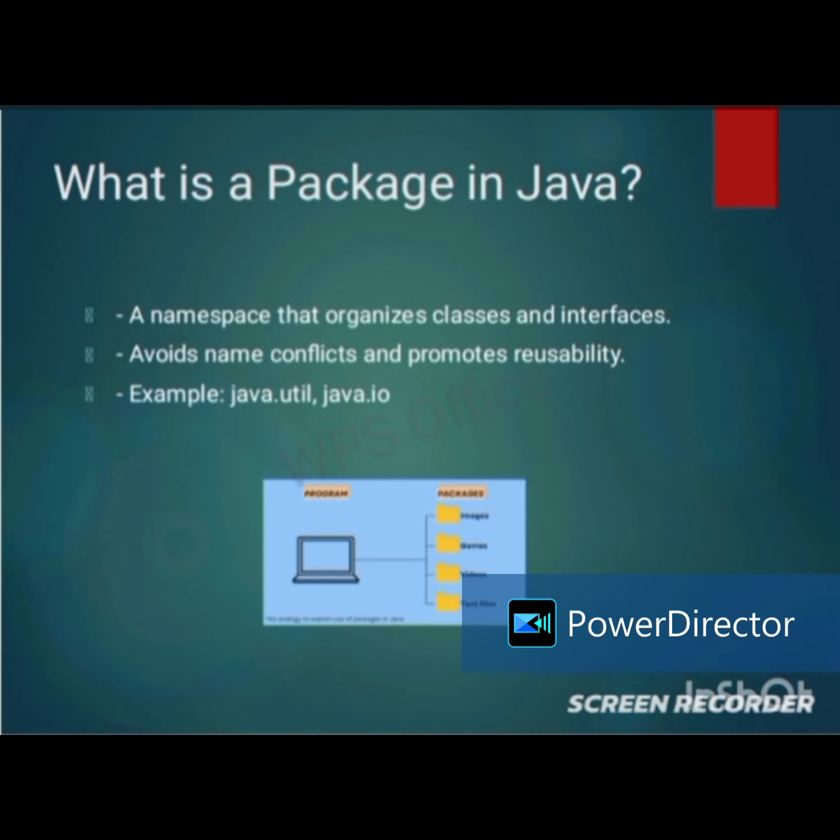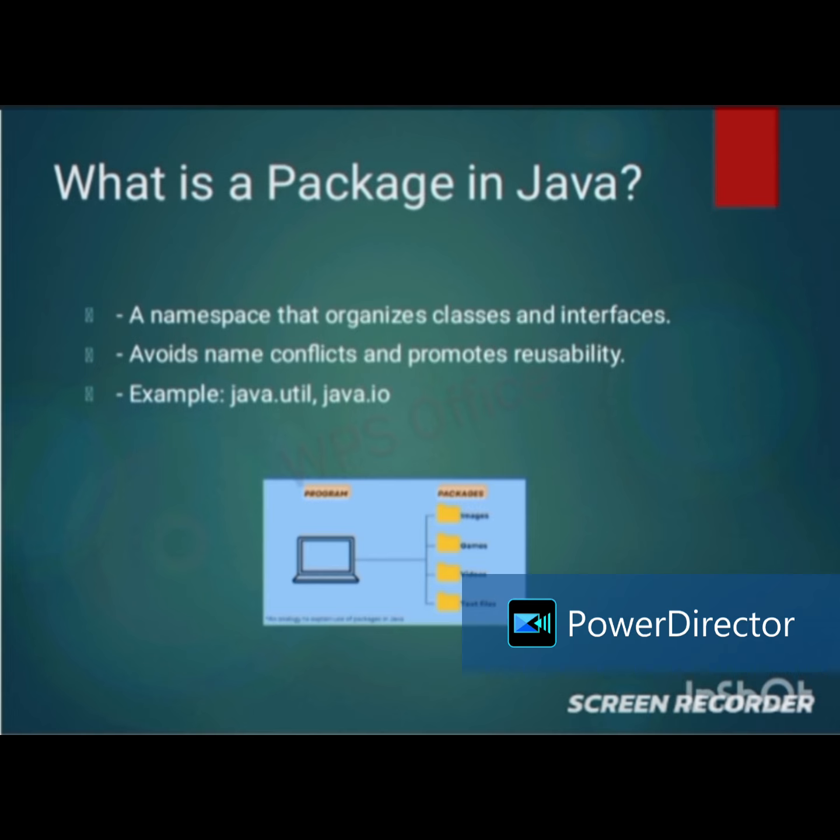Each package contains a set of related classes and interfaces. Java.util includes utility classes like ArrayList, HashMap, and Collections. Java.io deals with input-output functionality, while java.lang contains core classes like String, Math, and System.